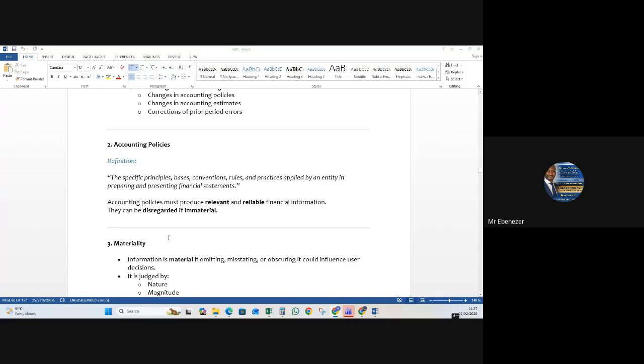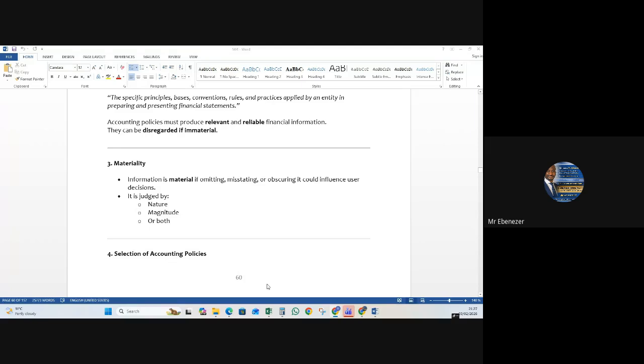So when we're talking of materiality, we are looking at the nature of the transaction. There are some transactions, regardless of the size, that must be stated, no matter how small they are. An example of such a transaction is related party transaction.